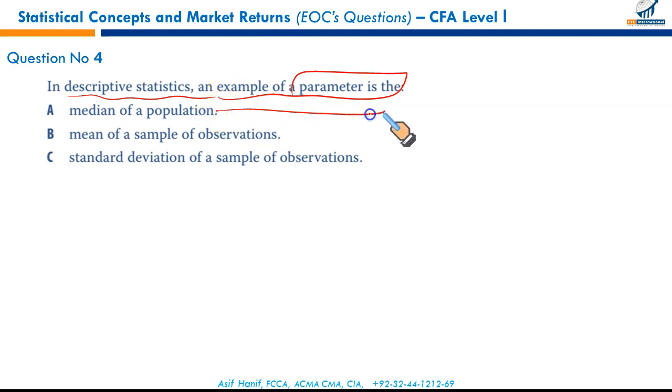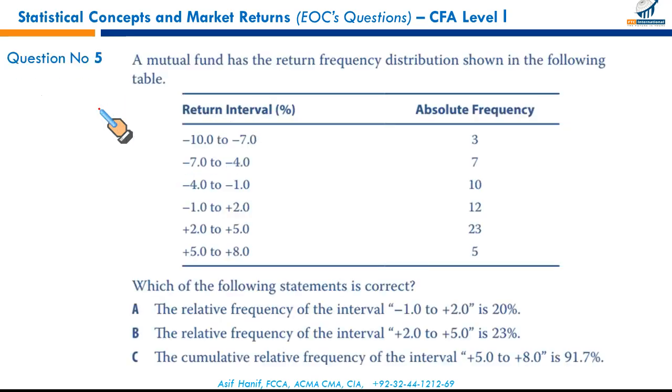Median of a population, yes. Mean for the population. Standard deviation of the population. This represents parameter. Mean of sample or observation, this is statistic, sample statistic. Sample statistics is used to measure a characteristic of the sample. So this is for the sample, this is for the whole population. That makes A the correct option.